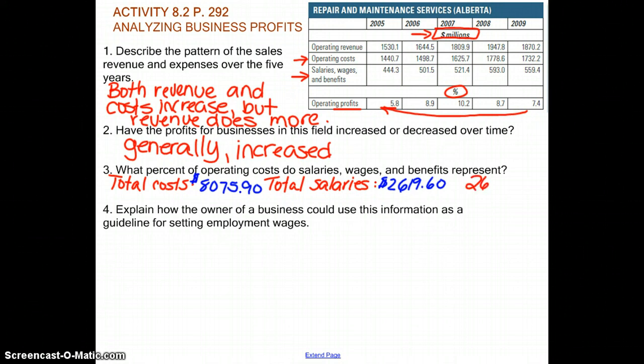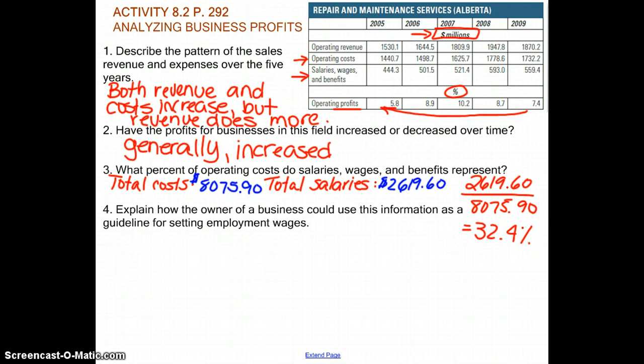So 2,619.60 divided by 8,075.9. And this is going to give us a percentage of about 32.4%. So that's how much the salary makes up the costs. So the business is paying 32% of its costs to its employees.